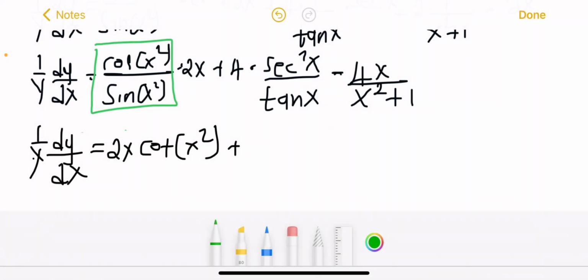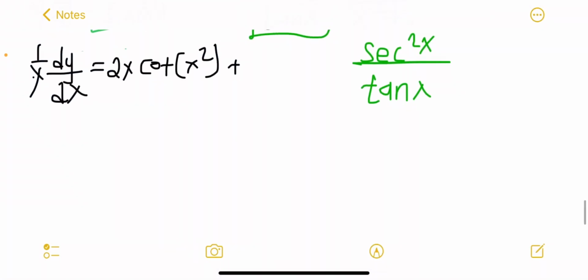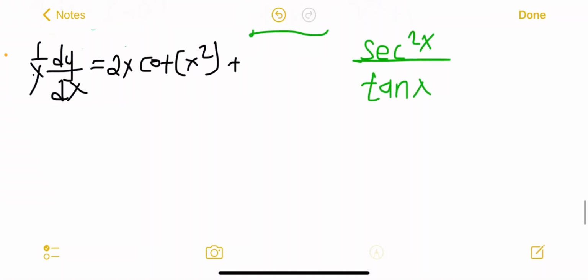Let's try to simplify this one on its own. This is secant squared of x over tan of x. How can we simplify this on its own?